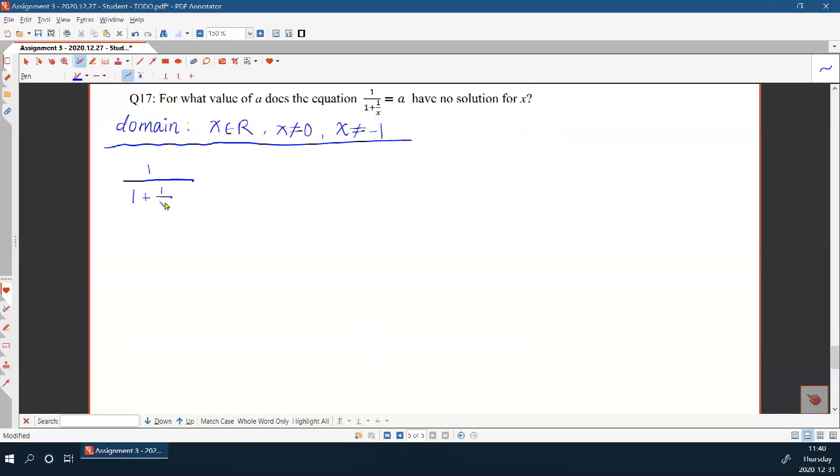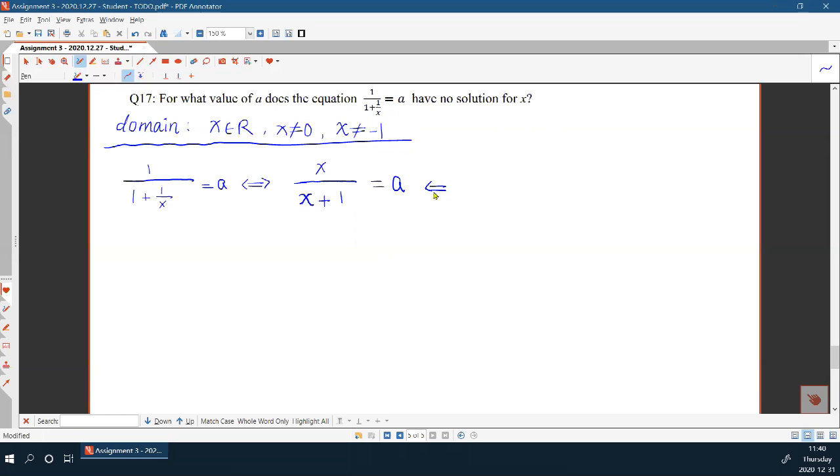The original equation is here. This is equivalent to, if we multiply x on the numerator and at the same time on the denominator, x over x plus 1 equals a, right?